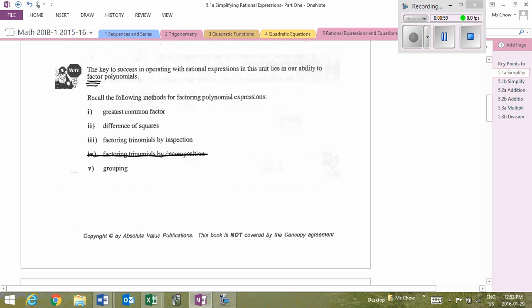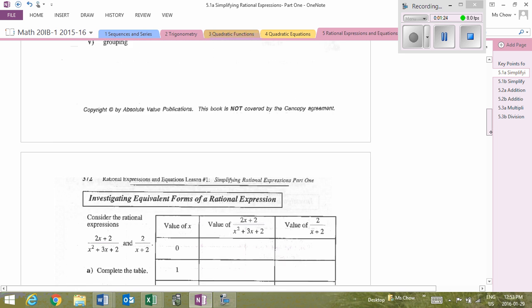In terms of factoring, we know that we can look for common factors, difference of squares if there's two terms, and if there's three terms, factoring trinomials by inspection, which is doing a variety of guess and check methods. And if there's four or more terms, then factor by grouping is what we'll look at.